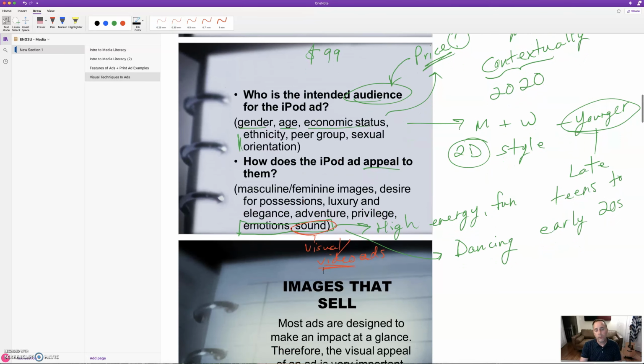Alright, well, what was the dominant message of that iPod ad? What was the dominant reading? Well, they're saying life is random and shuffle is random.